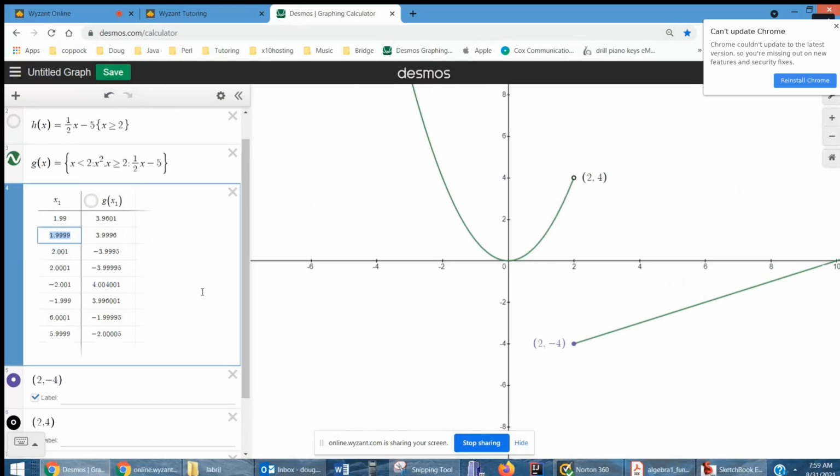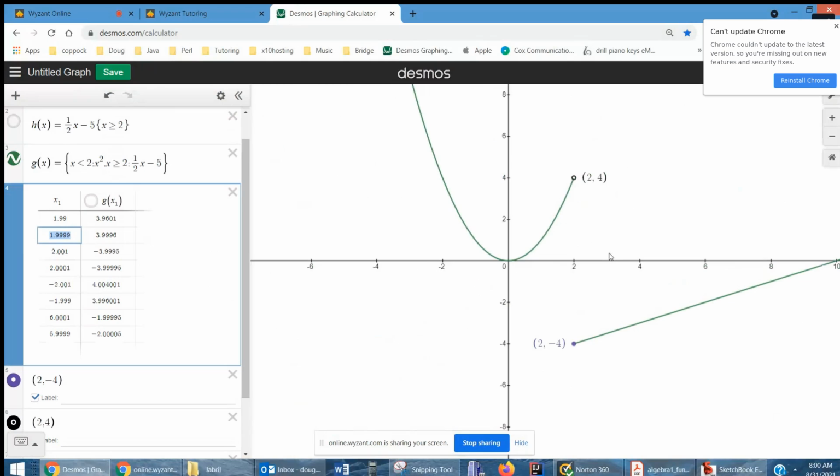But if we come in from the right of 2, that is this way, we're getting closer and closer to -4. So when you have to answer the question, what's the limit of g of x as x approaches 2, does not exist, because the limit from the left does not equal the limit from the right.